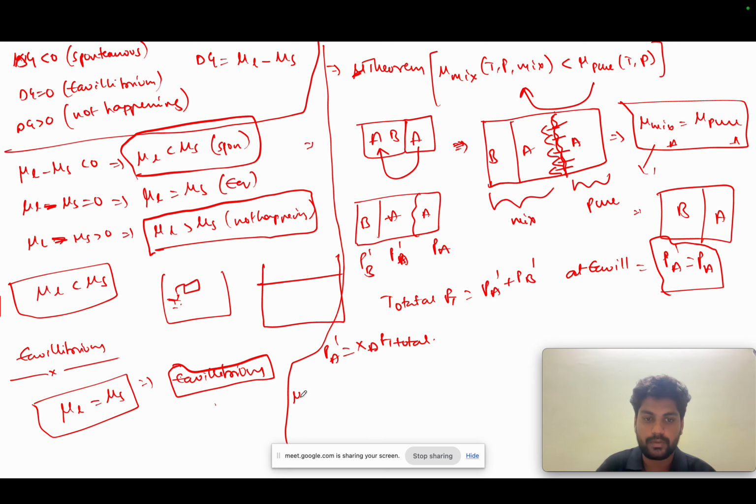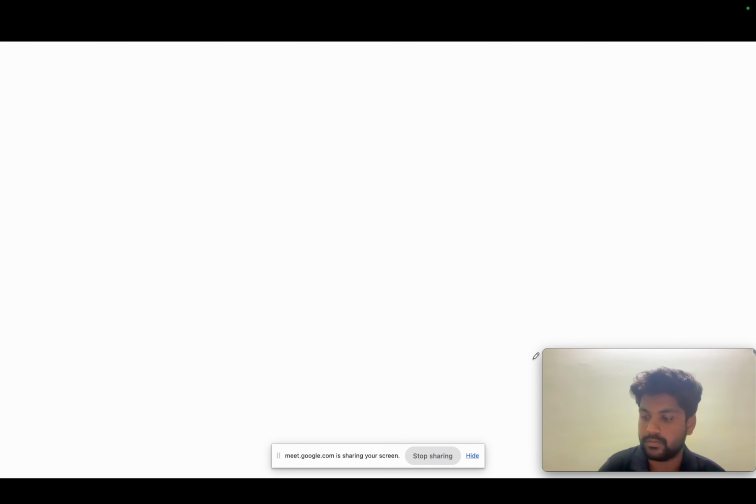So now mu A of mix comma P comma T is equal to, I am talking about the equilibrium of this mixture and this one. So you will get RT ln of XA P T. Let me first complete the equation.